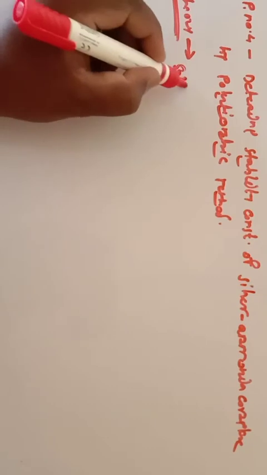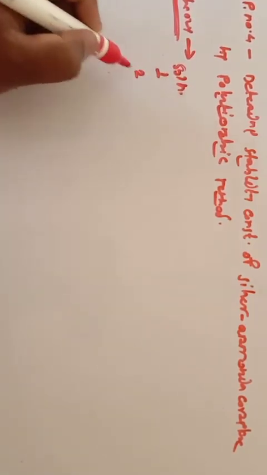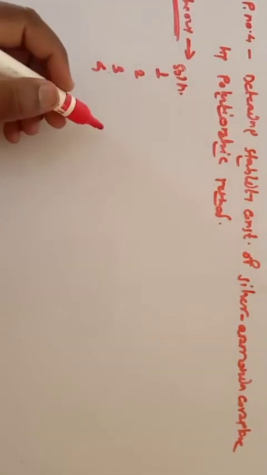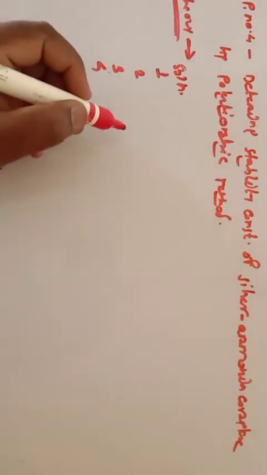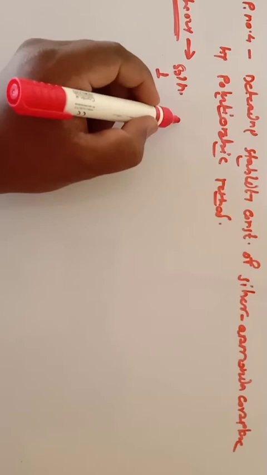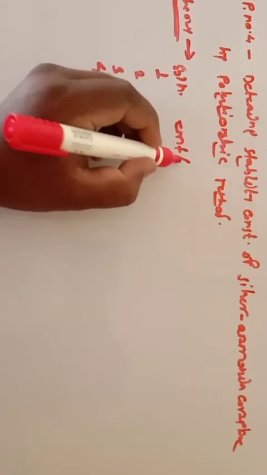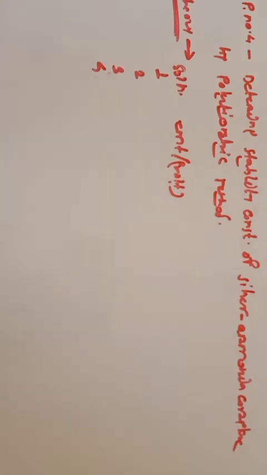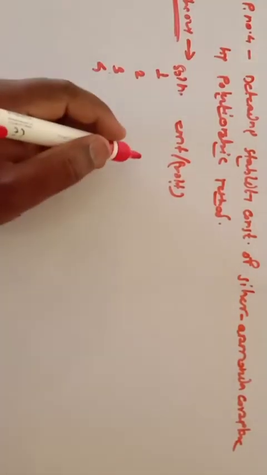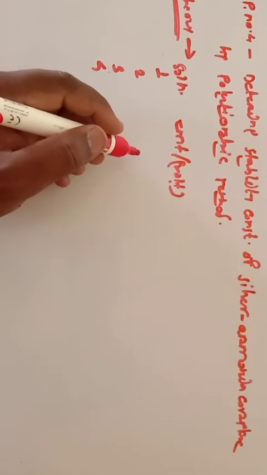So the solutions 1, 2, 3 and 4. Let us discuss the observation table, that is solution 1, 2, 3, 4. For each solution you have to find out the EMF, having the unit of volt, with the help of the potentiometer.